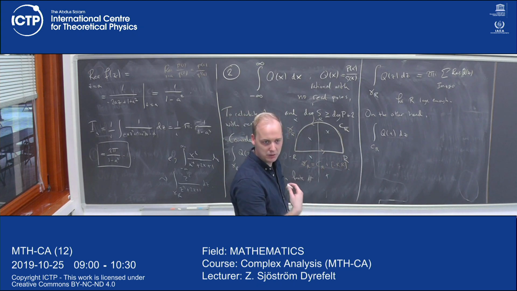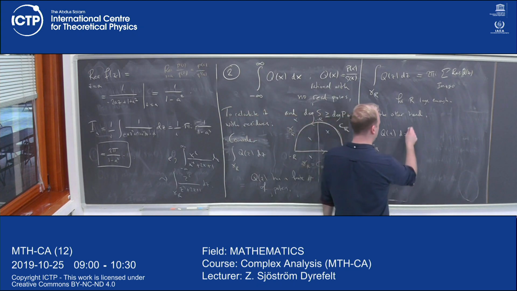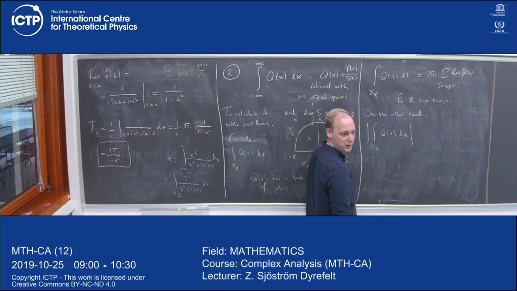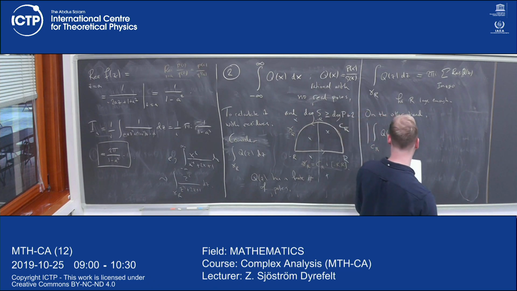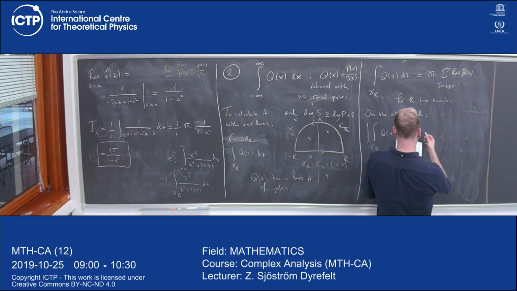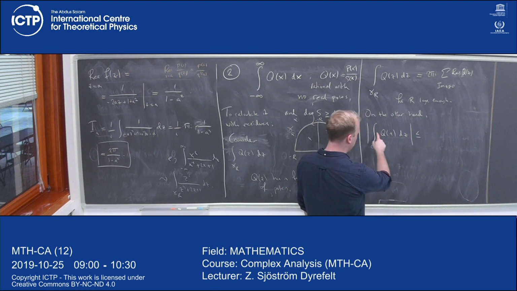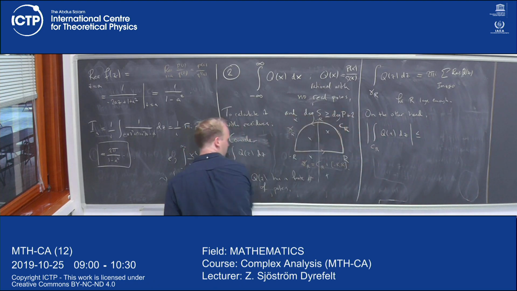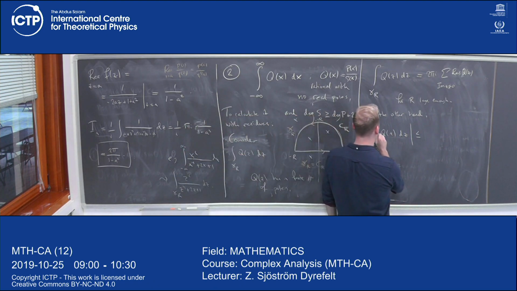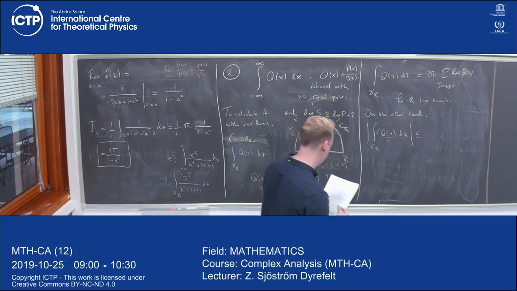When we want to show an integral is 0, in complex analysis we take the absolute value and show that the absolute value goes to 0. This is the trick 99.9% of the times. So we see that this is less than or equal to, and then we do this little trick here. I mean, there are many ways to try and wing this, but if you want to write it nicely, you can do this. You can write z squared over z squared.